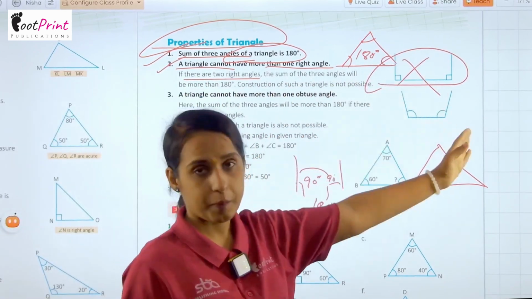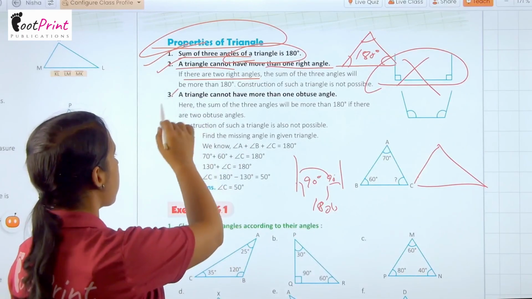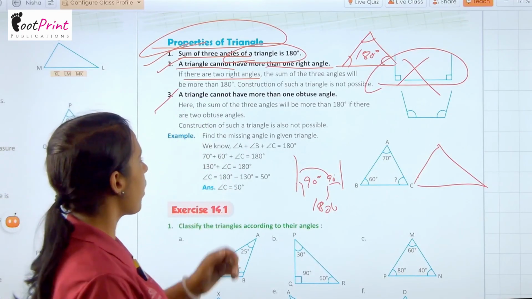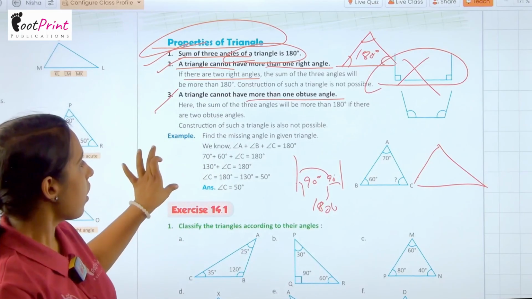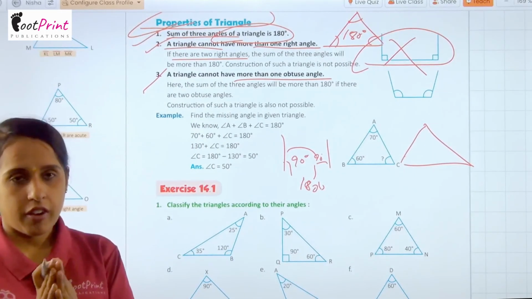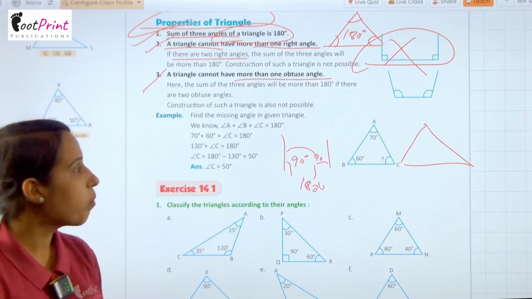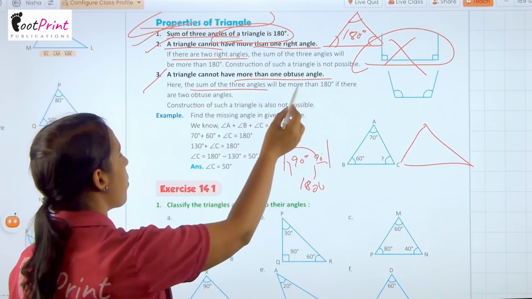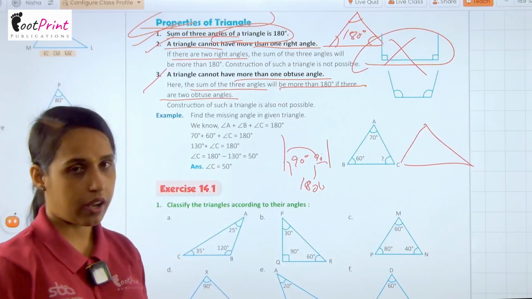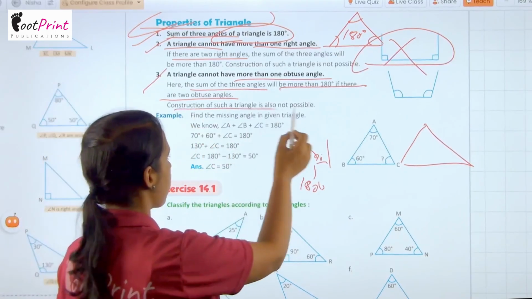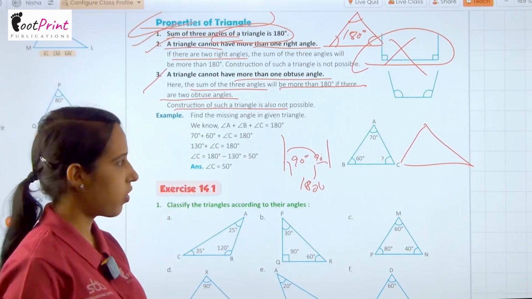The third one is a triangle cannot have more than one obtuse angle. In the same manner, an obtuse angle is also only one in a triangle, not more than that. The sum of three angles will be more than 180 degrees if there are two obtuse angles. So construction of such a triangle is also not possible.